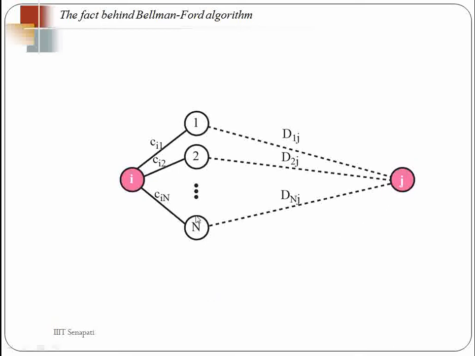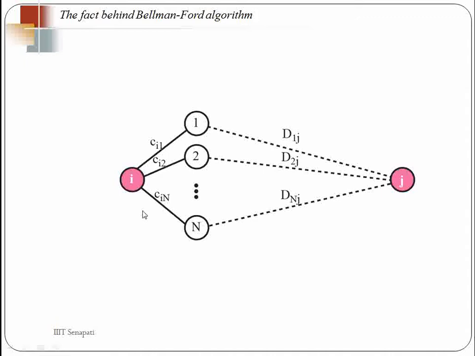Let us assume all these nodes, neighbors of I, 1, 2 to n, they have the information of shortest distance or optimal path from them to J. Okay. So if we assume that these have the information of optimal path, then we have just to find the cost from I to this node, I to the other node.